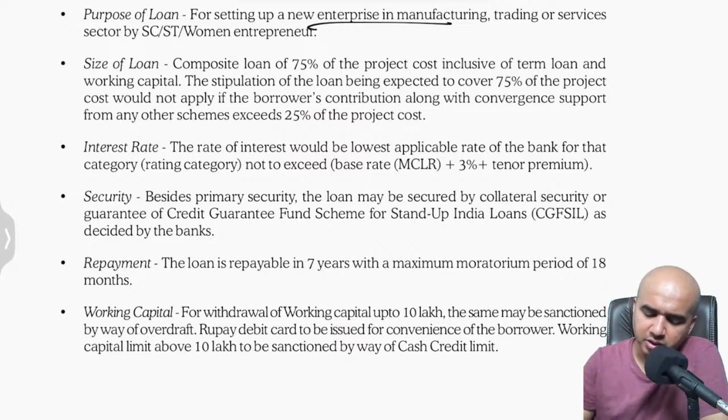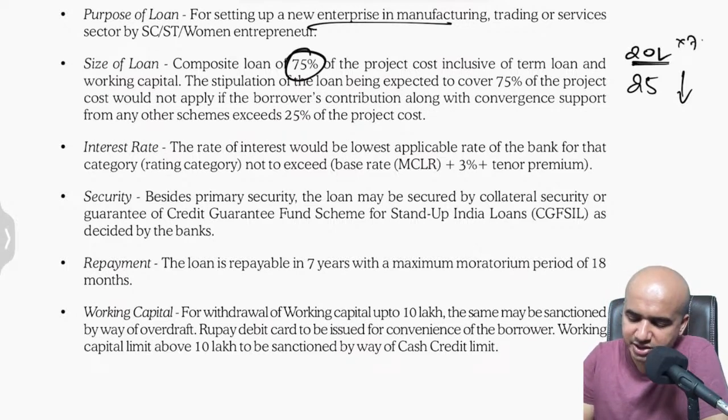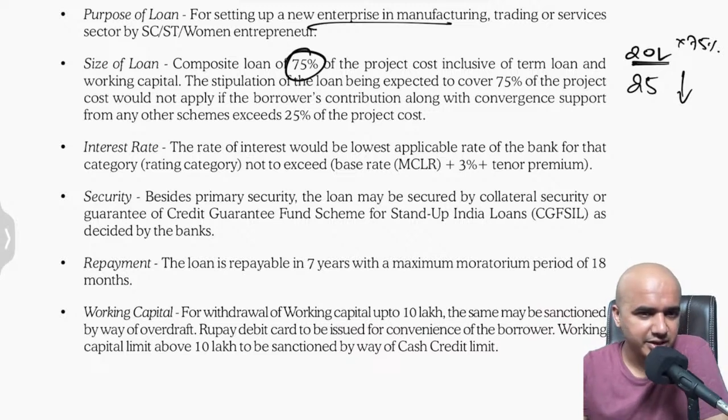That means they can only give up to 75%. You will have to bring the rest. But if you bring more than 25%, they will reduce their component of the loan. Let's say a project requires 20 lakhs of investment, they can only give you 75% of that, not more than that.